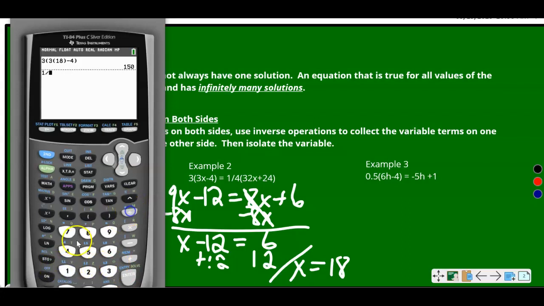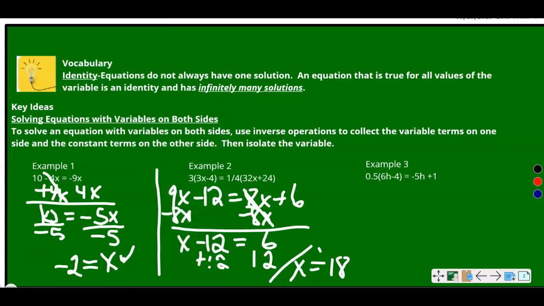Let's do 1/4 times 32 times 18 plus 24, and that equals 150 as well. So when the left side equals the right side, we know that that is correct. So that is a correct answer.